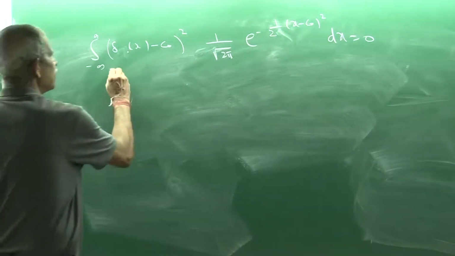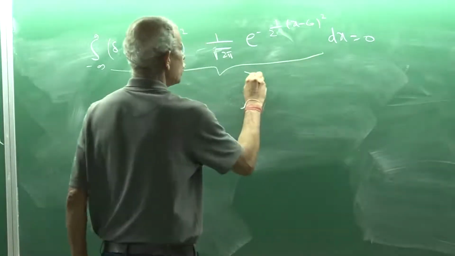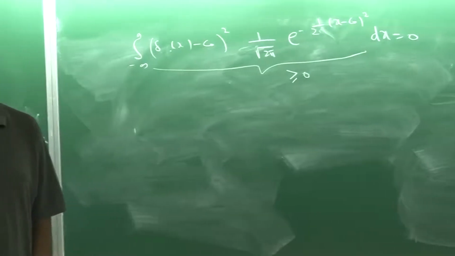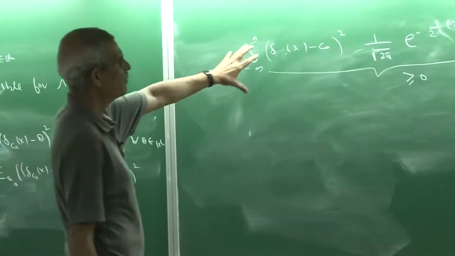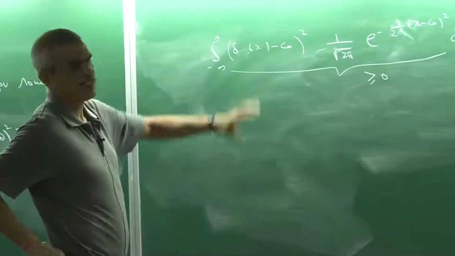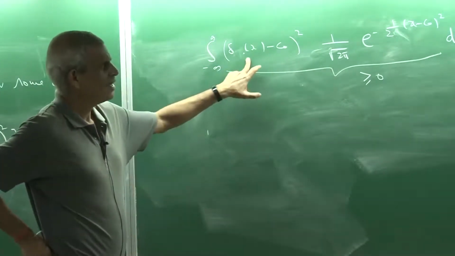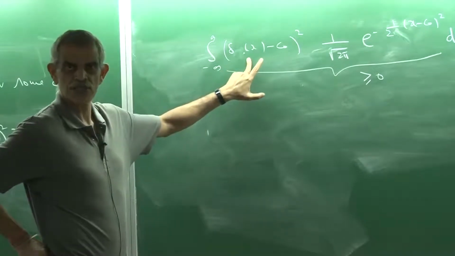What is this quantity? This whole quantity is always greater than or equal to 0 for every x. So what does that mean? The integral of a non-negative quantity is 0. That means the integrand has to be 0 almost everywhere.